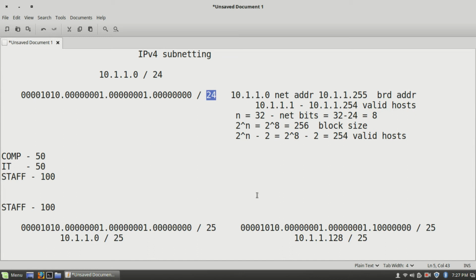The point I am trying to make is, if someone asks how many /28 networks are present in a /24 network, let me repeat that question. How many /28 networks are present in a /24 network? You need to find the difference between 28 and 24.